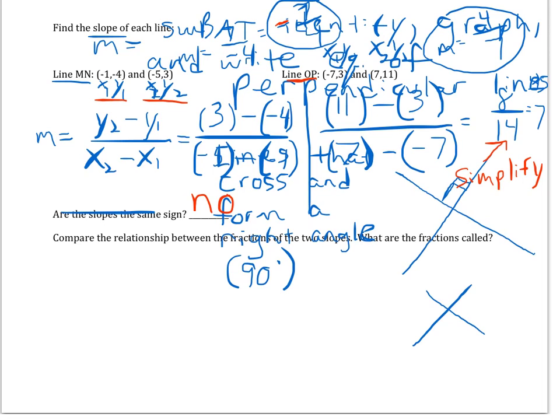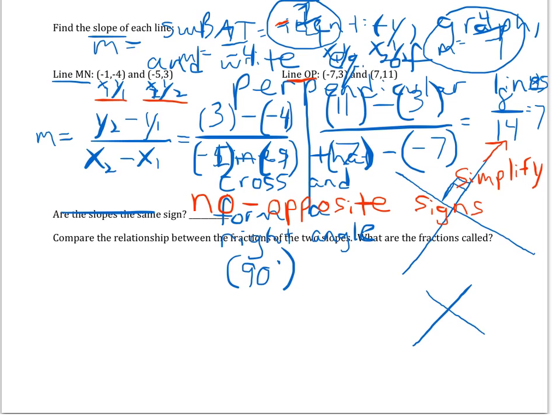Let's write that they are opposite signs. We had one that was a positive, one that's a negative. Those are called opposite signs.